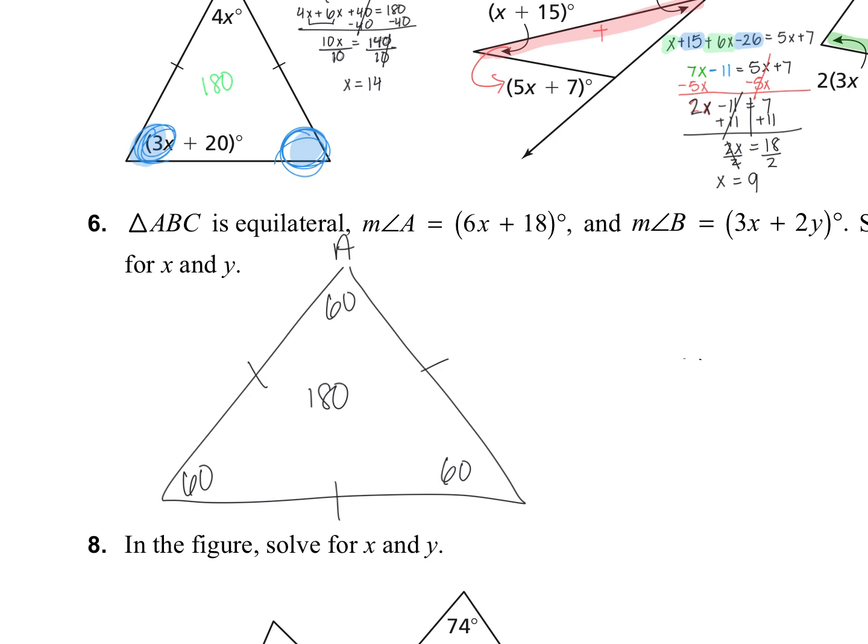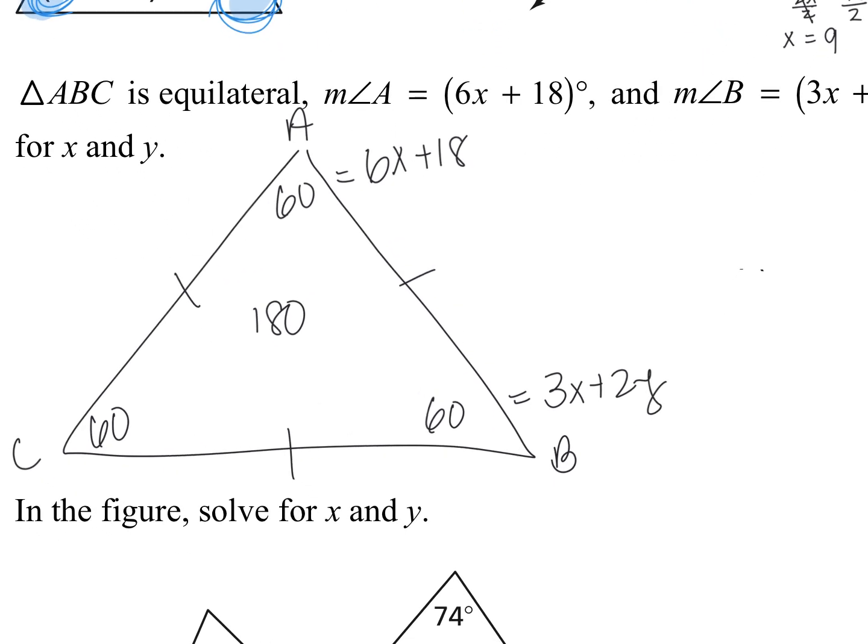So here's A, B, C. A is 6x plus 18. B is 3x plus 2y. I have to solve for x first. I cannot solve for y because there's an x in that equation.